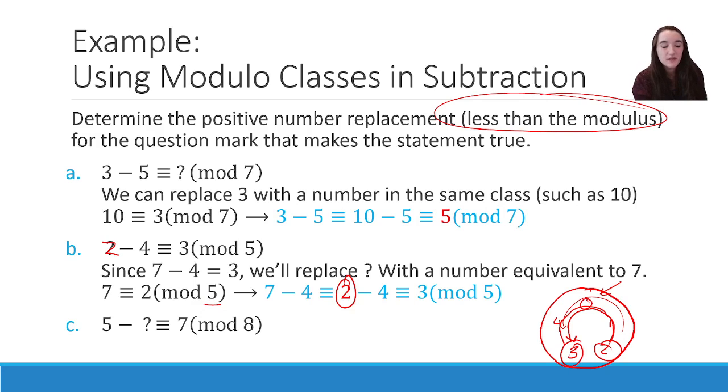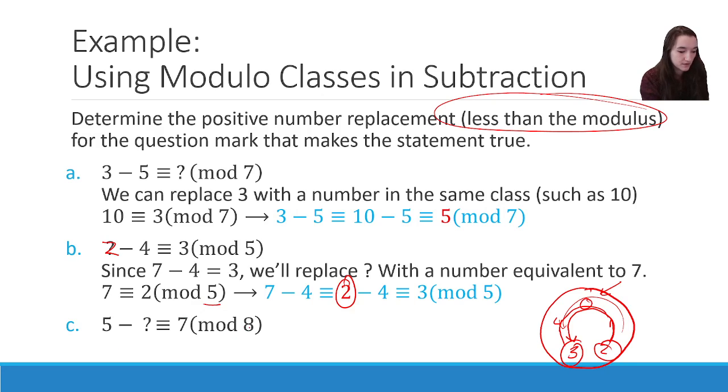So, okay, last one. 5 minus what is congruent to 7 in mod 8? Well, 5 minus what is equal to 7 normally. Unfortunately, it's going to be a negative number, right, and we don't want to use that. So what I can do is bump the 5 up a congruence class.